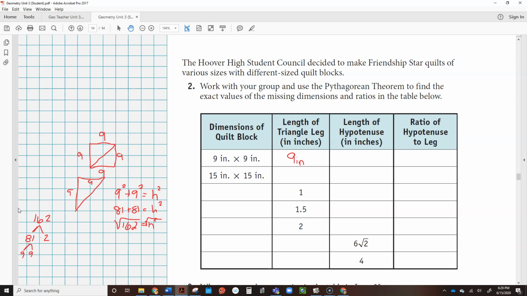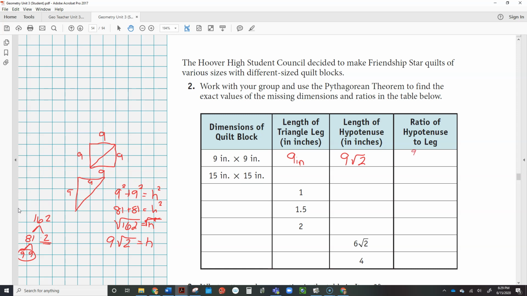So that pair of 9s becomes an outside number, and then we have the 2 left inside. That's equal to h, because the square root and the square cancel out. So the length of that hypotenuse is 9 square roots of 2. And they want us to write a ratio of the hypotenuse to the leg.